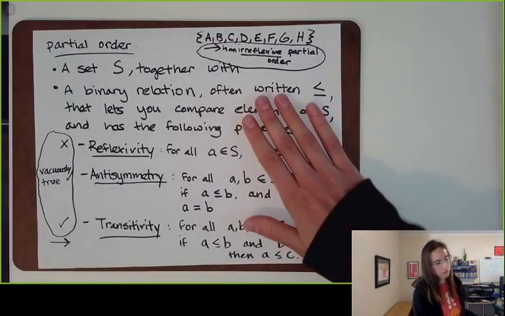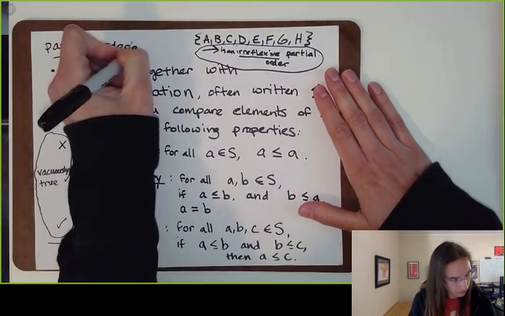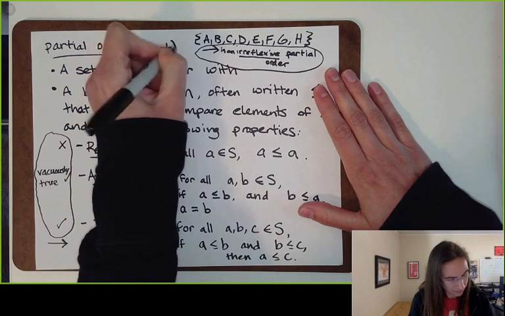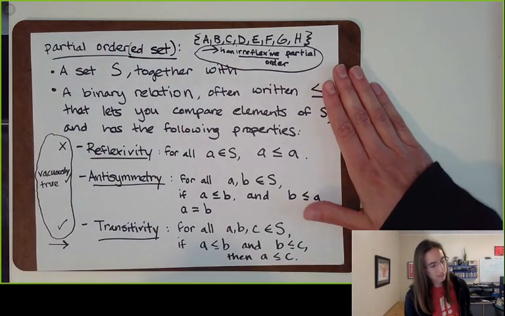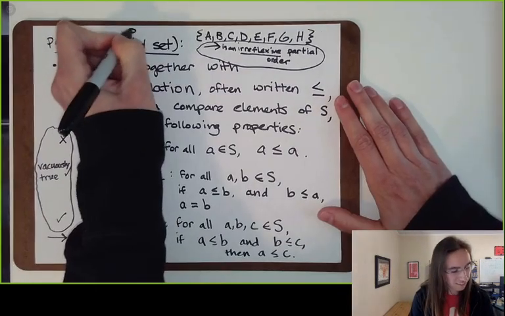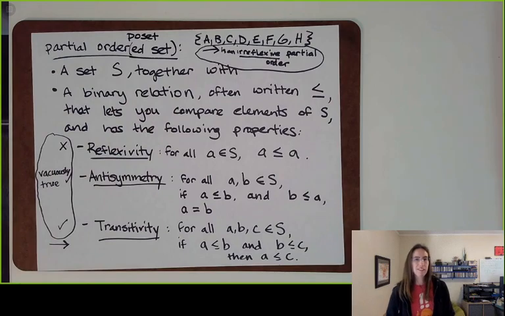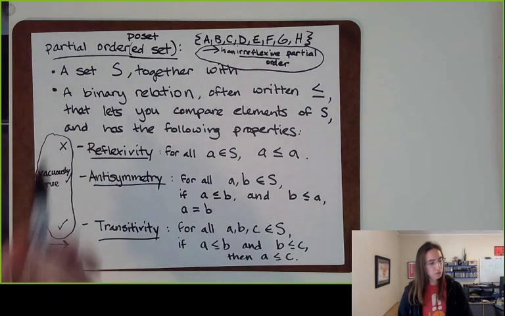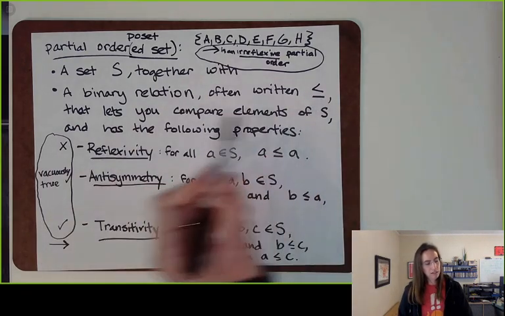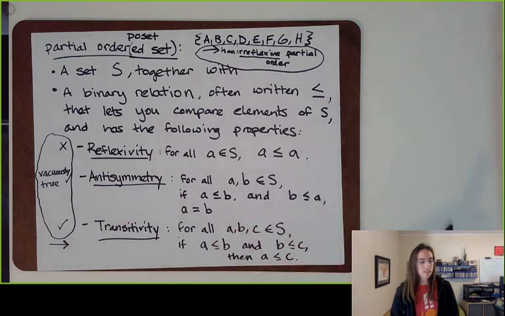A partially ordered set is the same thing, and sometimes people call it a poset for short, which just means partially ordered set. So same thing, it's a set together with a relation that lets you compare elements of that set. But as we saw, maybe not all the elements are comparable.